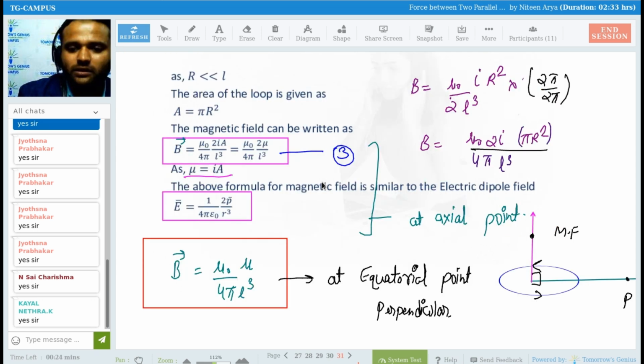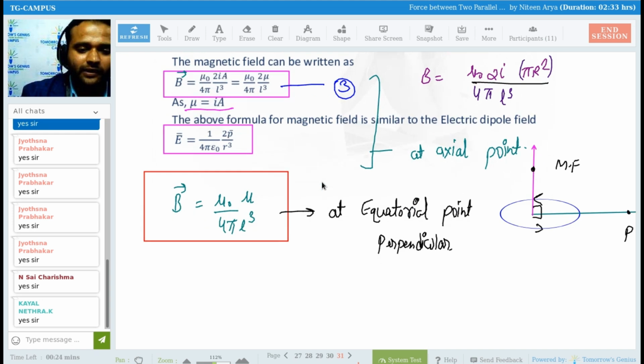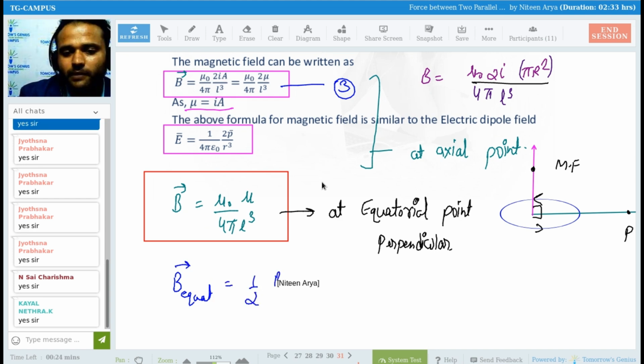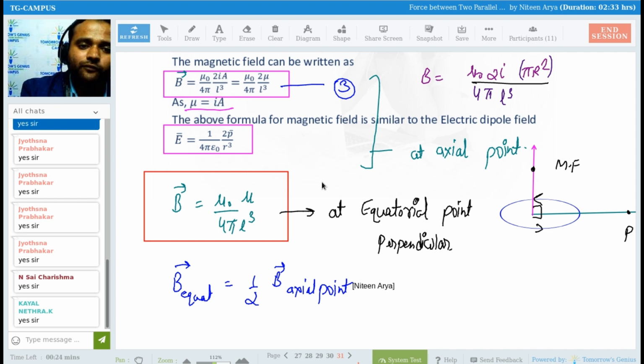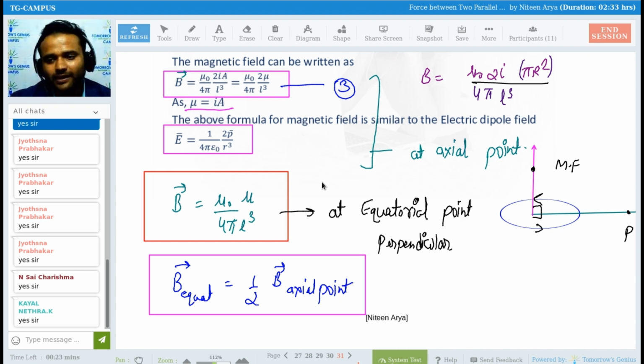At the equatorial point, this is your magnetic field. That is quite observable. The magnetic field at the equatorial point is half of the magnetic field at the axial point. The same thing we know for electric field formulas also.